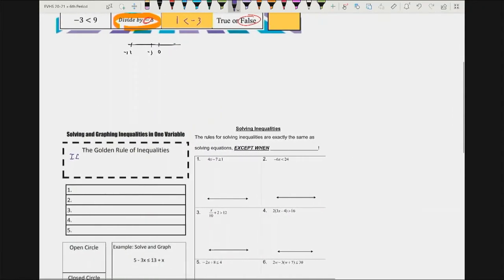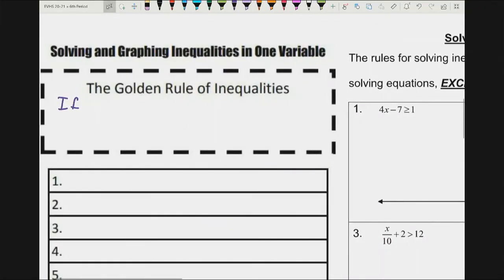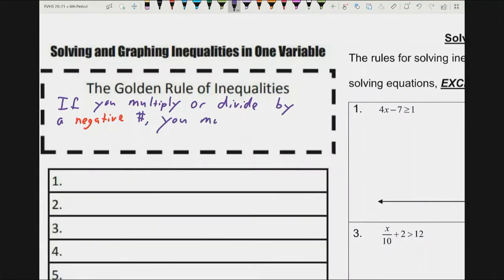If you multiply or divide by a negative number, you must flip the inequality sign.